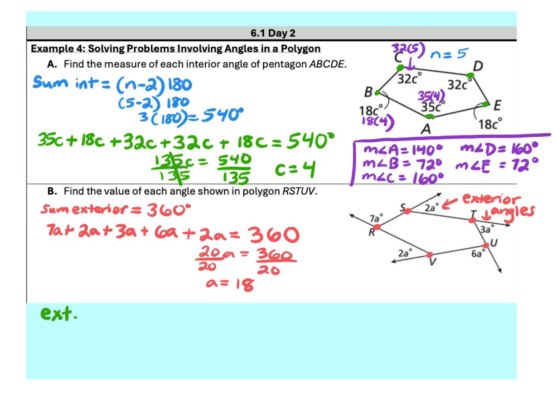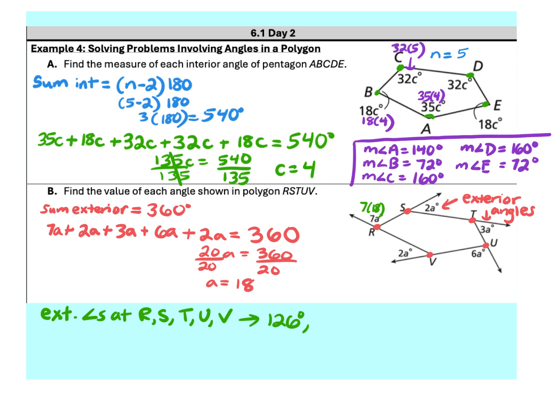So I have my exterior angles at R, S, T, U, and V. And then I'm just going to list them in order. So for R, let's start at R, 7 times 18. And if you calculate 7 times 18, you are going to get 126. So the exterior at angle R is 126.